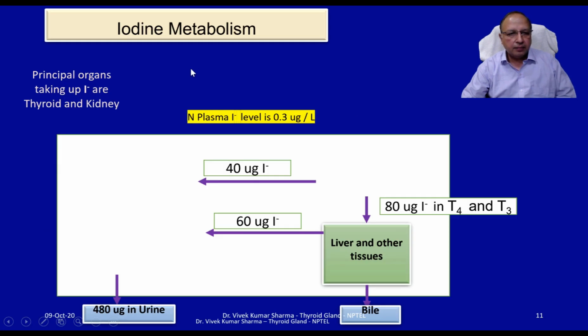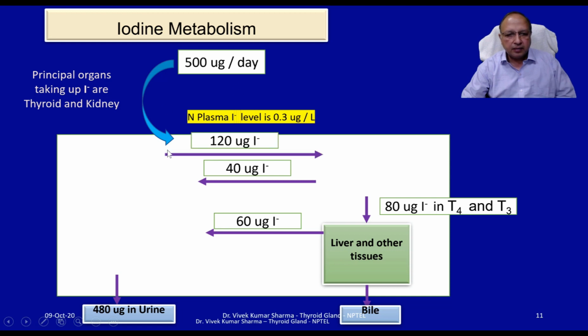Coming to the iodine metabolism, the principal organs that take up the iodine or iodide are the thyroid and kidney, and also we can consider liver. In a daily intake, we have roughly 500 micrograms per day. The normal plasma iodine level is roughly 0.3 micrograms per liter.